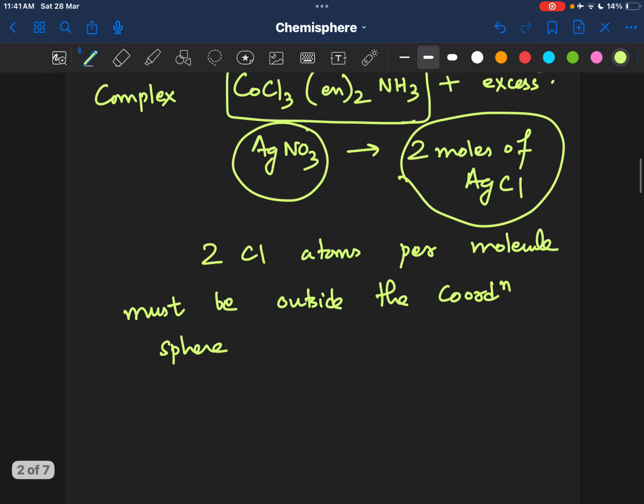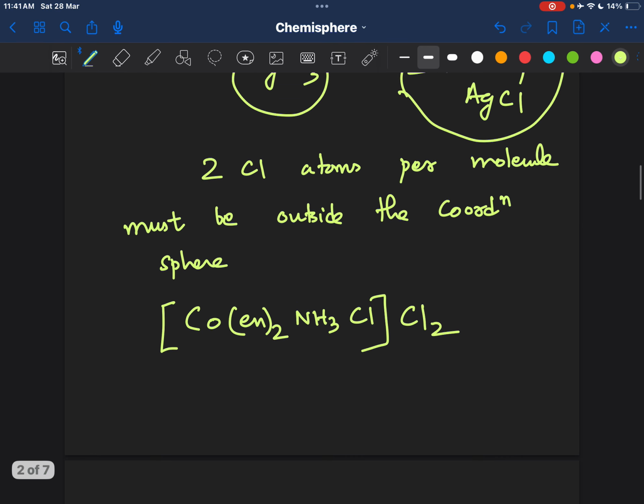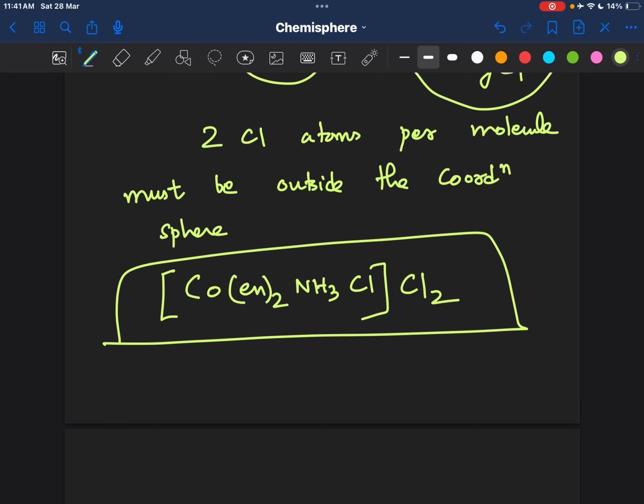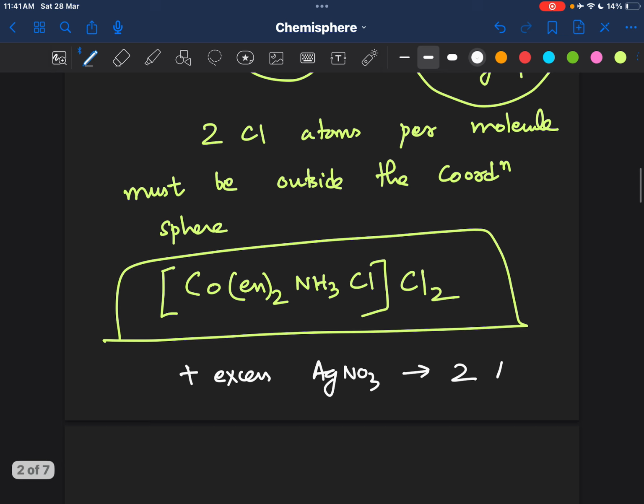That means the formula of the complex will be [Co(en)2(NH3)Cl] with 2Cl outside. This is the actual formula of the complex. Whenever it reacts with excess AgNO3, we get 2 moles of AgCl.